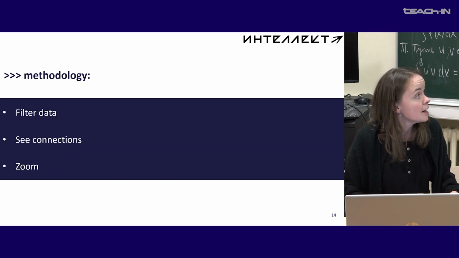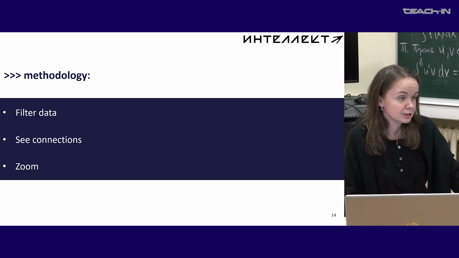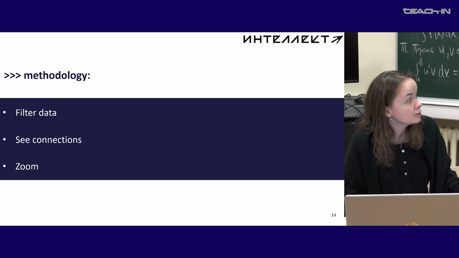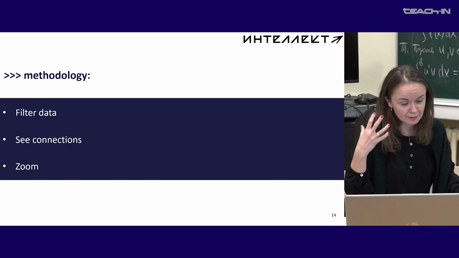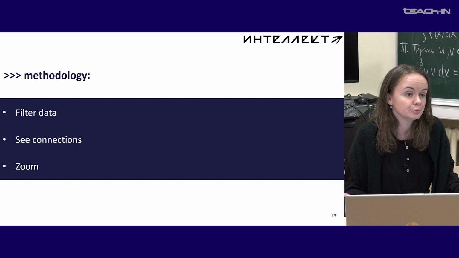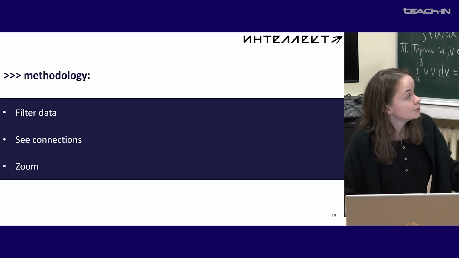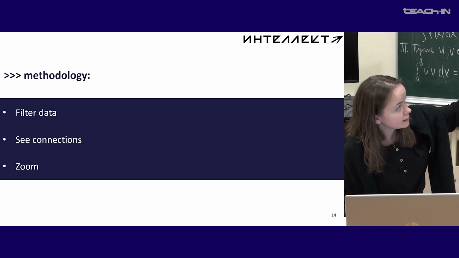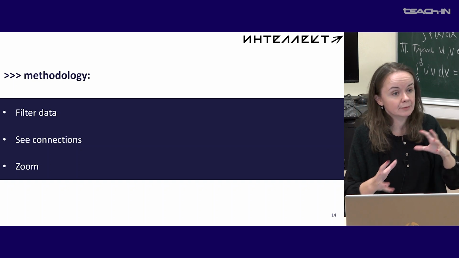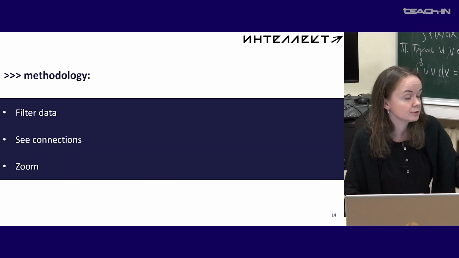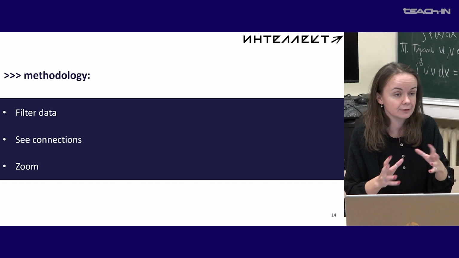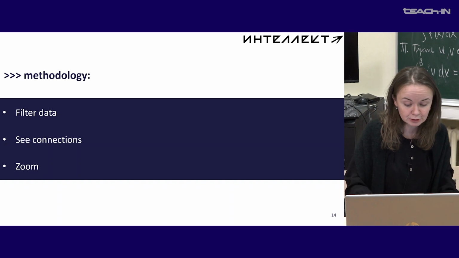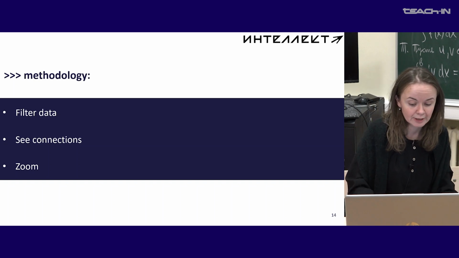But our audience or reader might not have the same pattern in mind, and so the image would be misleading. So it is better first to filter the data, then try to find some connections, and only then zoom in to figure out what you want to underline by this or that graph or illustration.